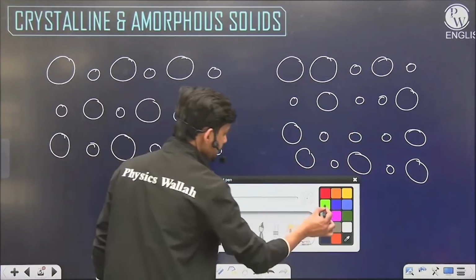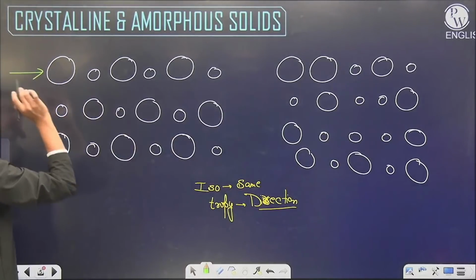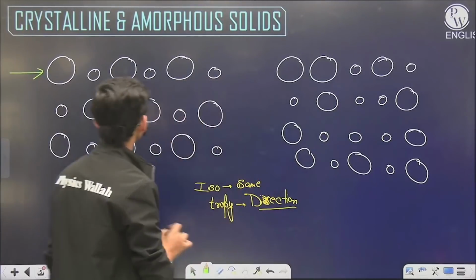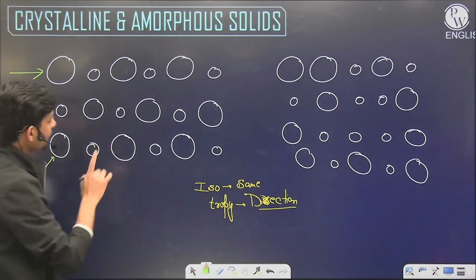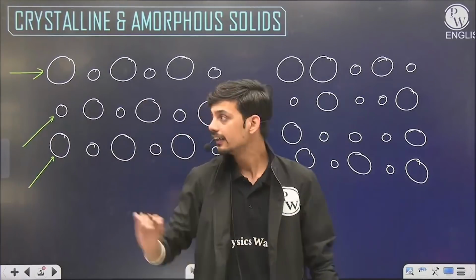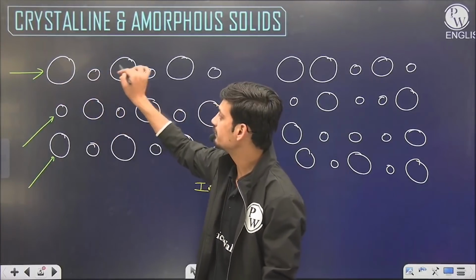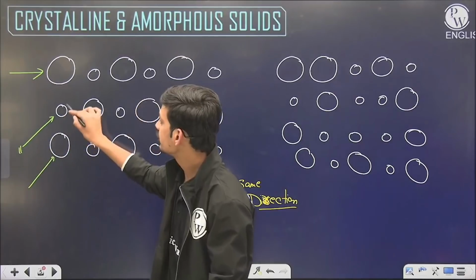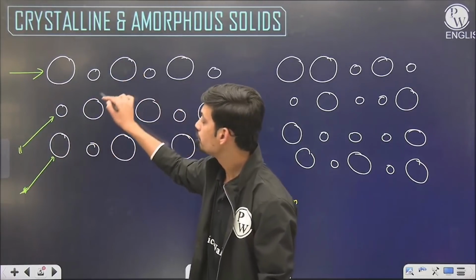Now if we look here, this crystalline solid has a regular pattern, correct. But the pattern is different in different directions. If I mention these three directions, then in the horizontal direction, the pattern is alternate bigger and smaller particles. If I go in this direction, then the pattern is of smaller particles. If I go in this direction, then the pattern is of bigger particles.